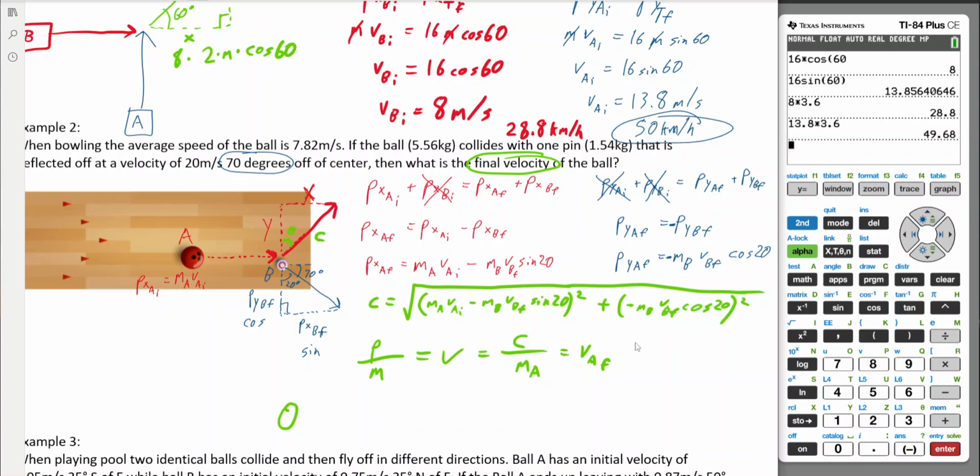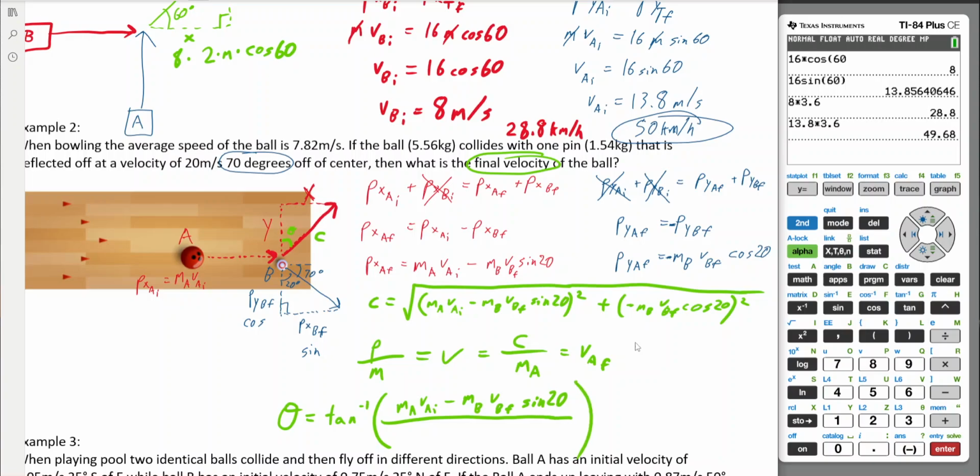Okay, so we're going to do that in a second, but before we do that, let's set up the theta. Theta is tan inverse of the opposite, which is the x direction. So mass A, velocity A initial, minus mass B, velocity B final, sine 20. That's our opposite.